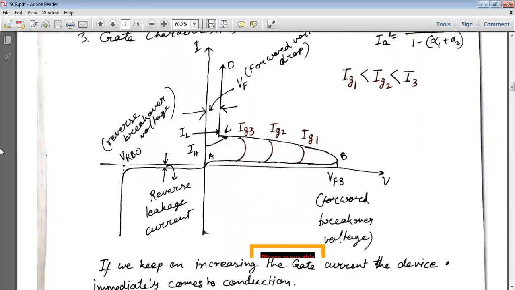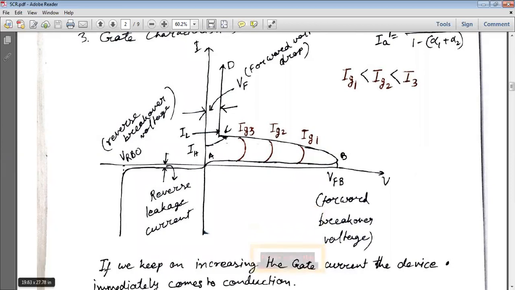So let us discuss the SCR working, how the SCR will be switched on, and how the conduction process happens.